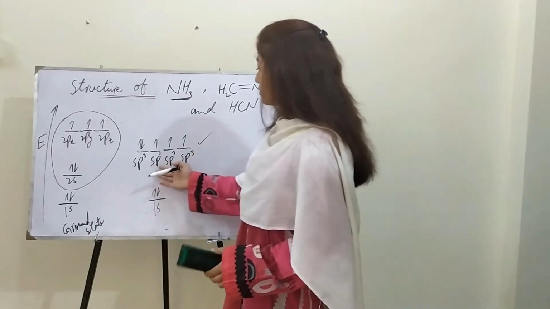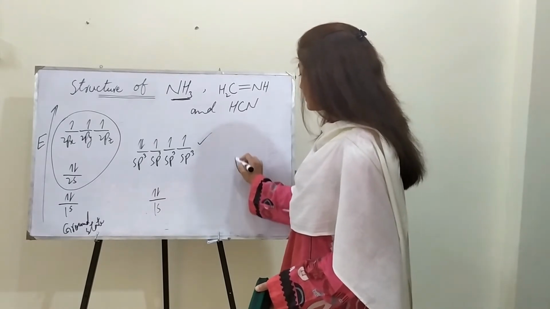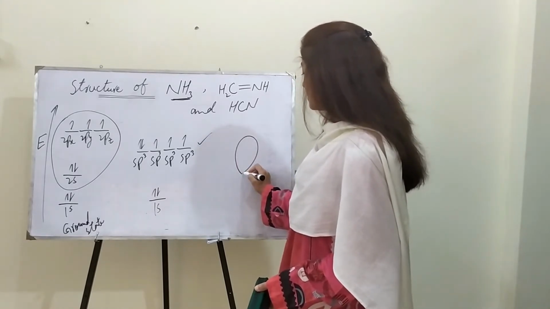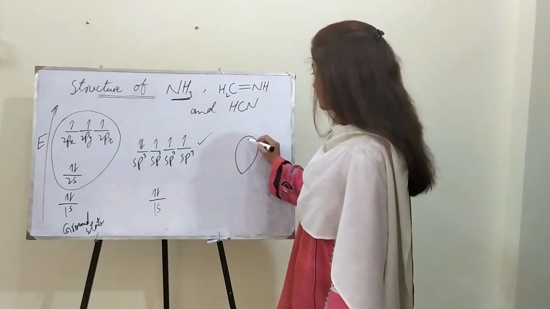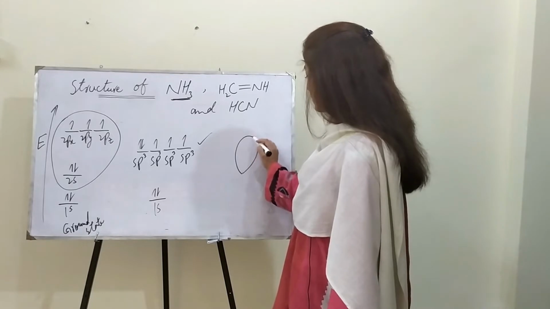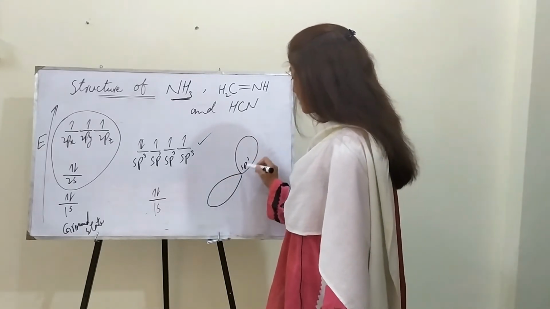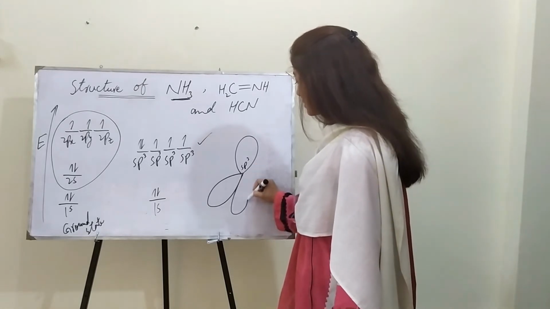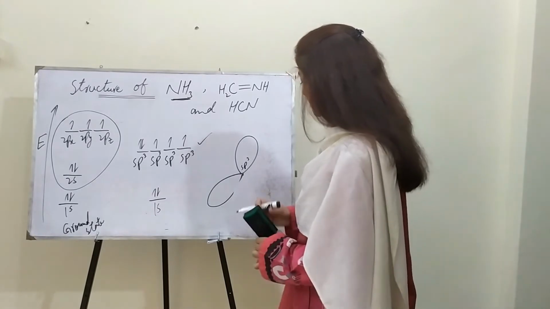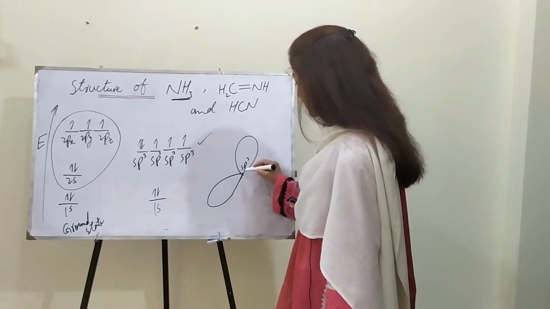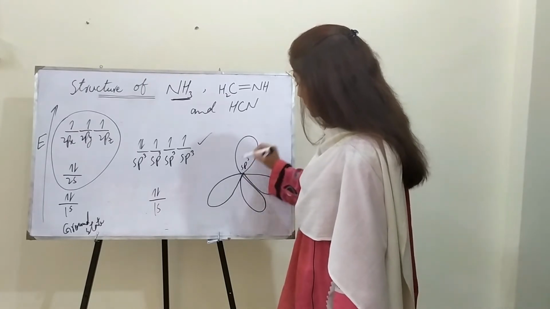So now we have to orient these sp3 hybrid orbitals in such a way that there would be minimum repulsion amongst themselves. So here there would be one sp3 hybrid orbital, there would be another one, here.